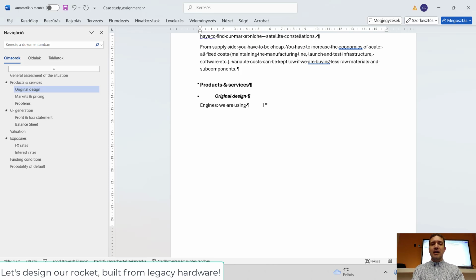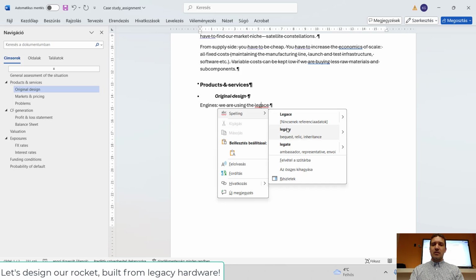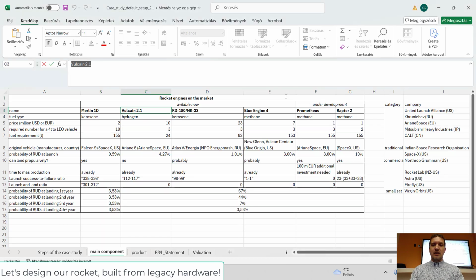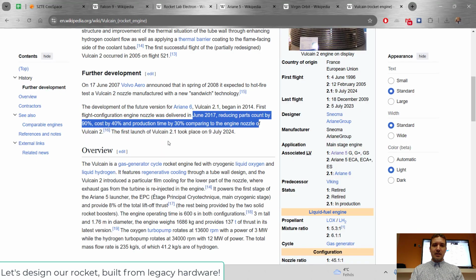So we are using the legacy Vulcan something 2.1 engine, which is, so according to Wikipedia, yep.